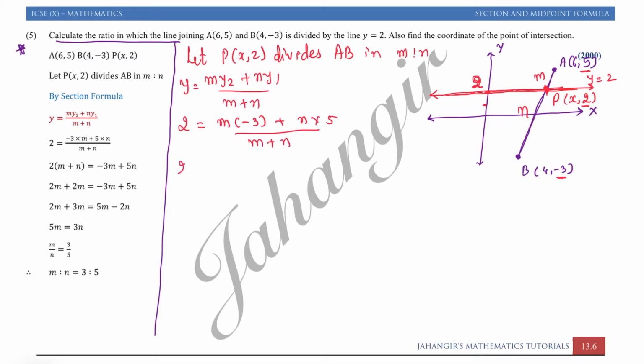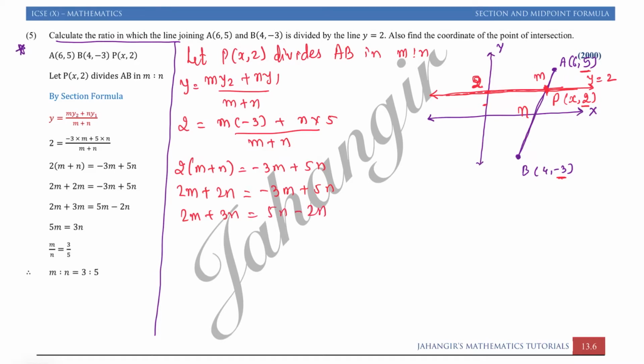So just cross multiply. 2 into m plus n is equal to minus 3m plus 5n. So you will get 2m plus 2n is equal to minus 3m plus 5n. Let's collect like terms. 2m plus 3m is equal to 5n minus 2n.